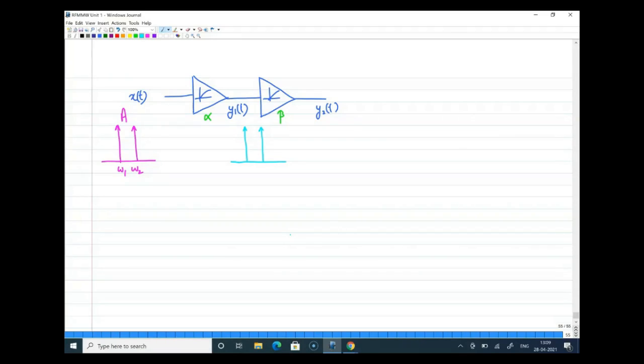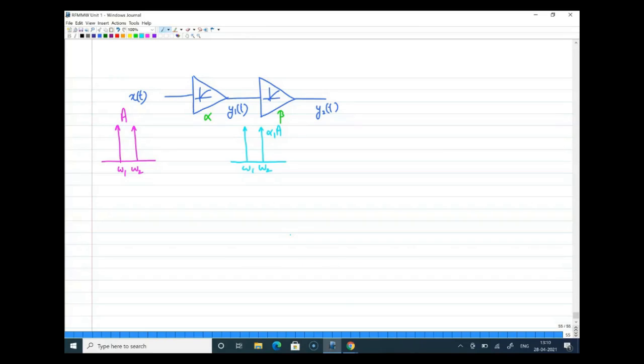So this is omega 1 and omega 2, and since the amplitude is A here, I'll write it as alpha 1 into A, understanding that this is the fundamental component at the output.